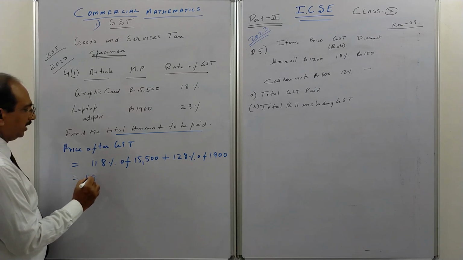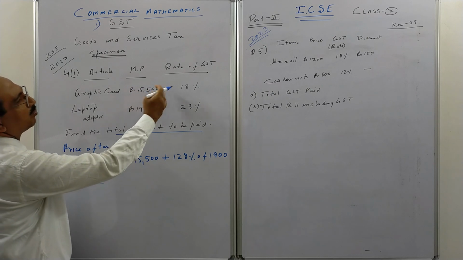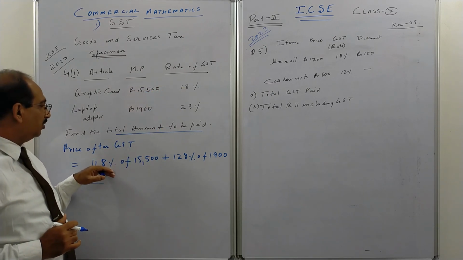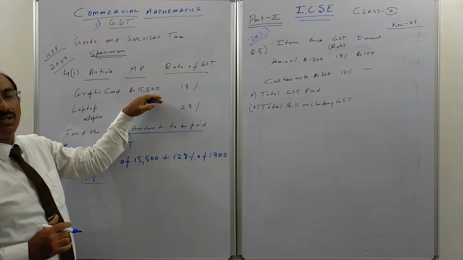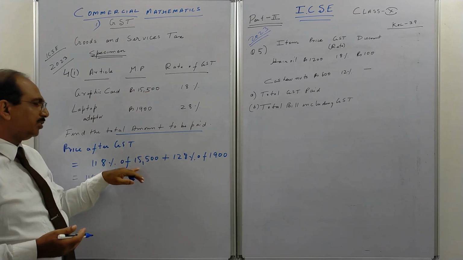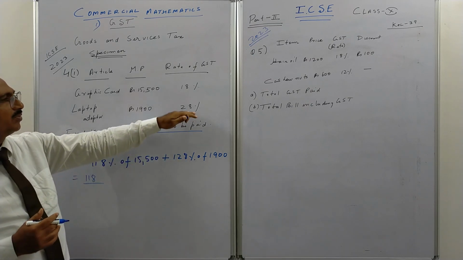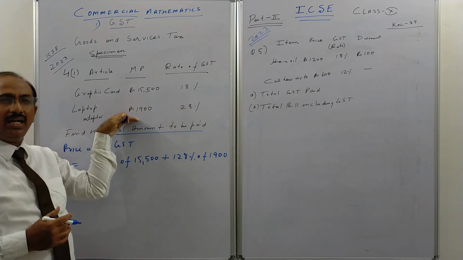Here 118 means 100 rupees plus 18 rupees we are paying. So this is 2 in 1, children, because generally we do 15,500 plus 18%, since we don't want the separate GST. So directly, we find 128% and then add 1900.